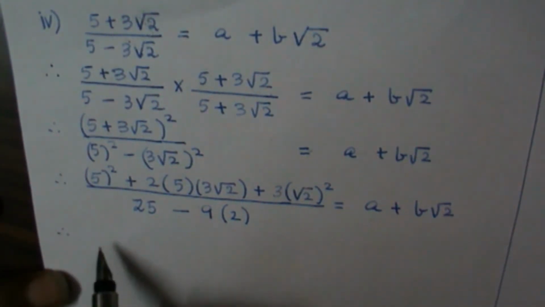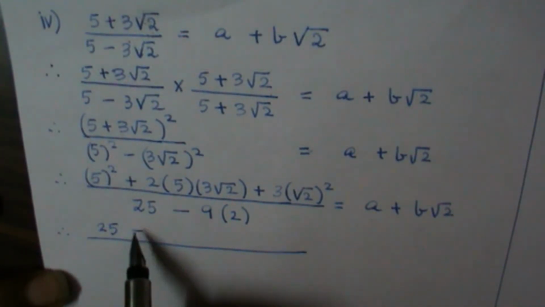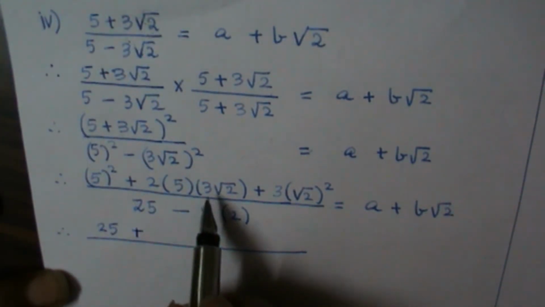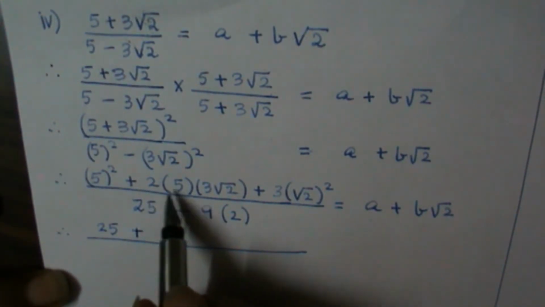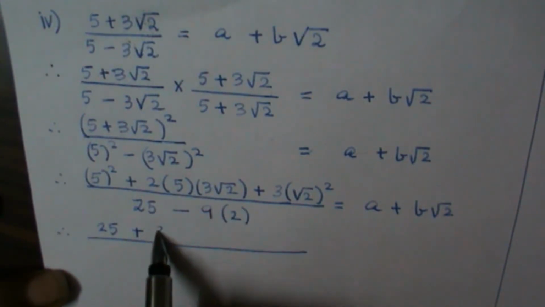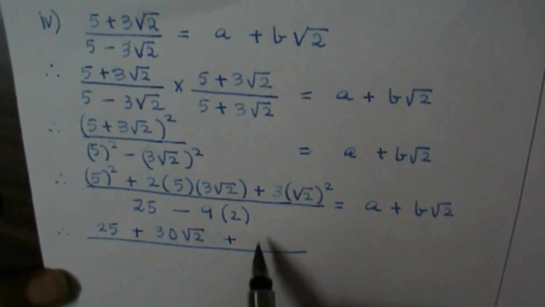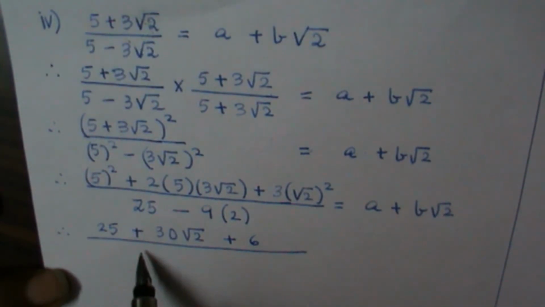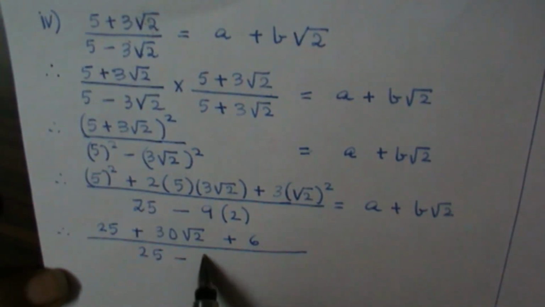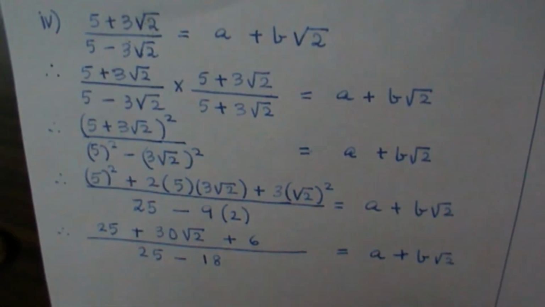And therefore we will have 25 plus 3 2's are 6, 6 5's are 30, or you can say 5 twos or 2 fives, 10 into 3 is 30, √2, and plus this will be 3 into 2, that means 6, and here it will be 25 minus 18, and that is a + b√2.